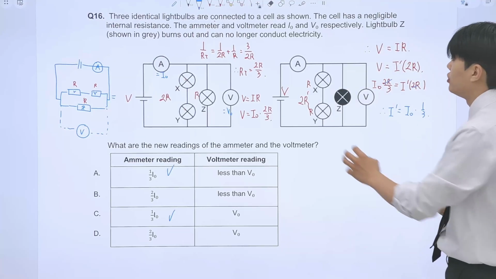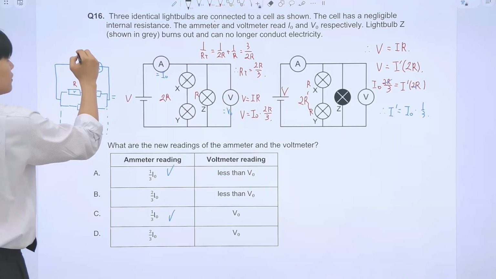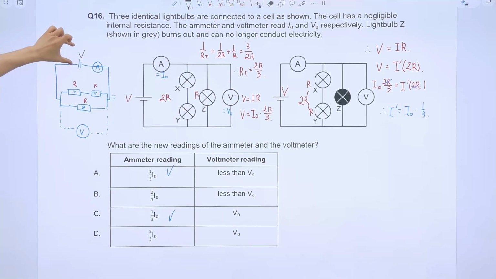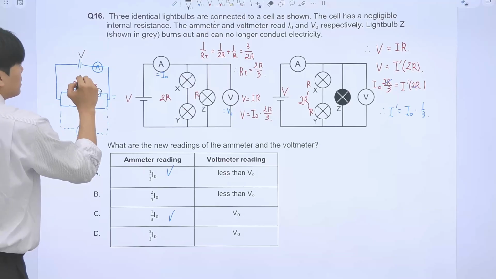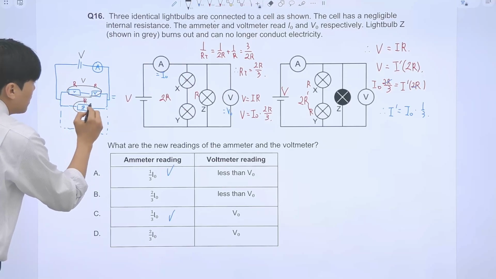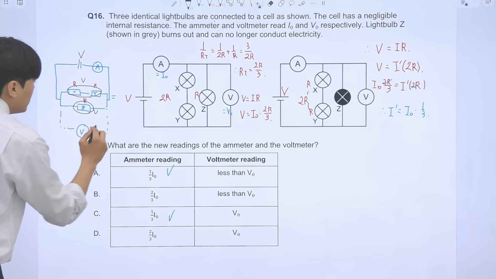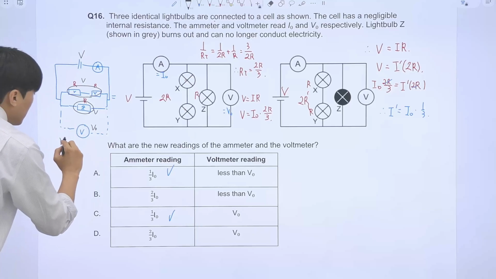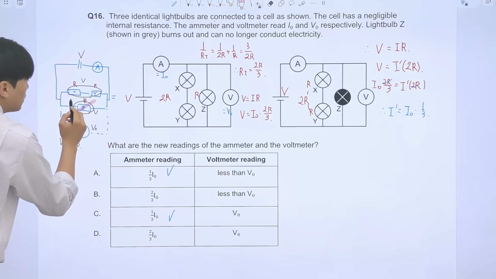So now let's go into the potential difference part. Let's think about it, okay? If that is V, right, and that V goes here and here at the same time, so in this part the whole potential difference is V. Because that's in parallel, the Z part has potential difference V, right? And the voltmeter reading was V0, which means the EMF is essentially V0 in that case. But the next thing is they said this one actually burnt out, so that cancels out.